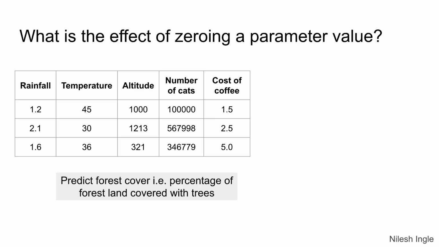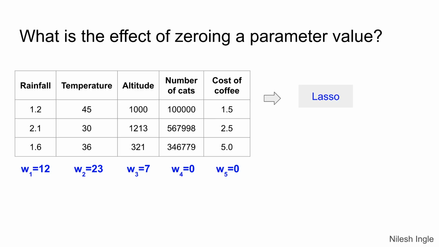However, the number of cats and the cost of coffee is definitely not relevant. So when we use the lasso regression, what we can get in the output is that some of the parameters such as W4 and W5 in this case would have the coefficient value 0.